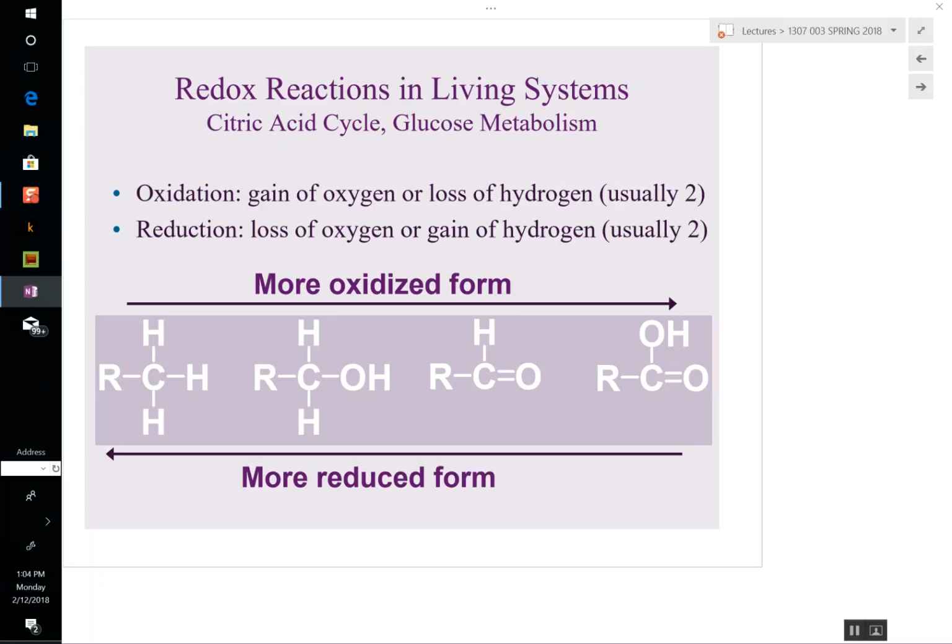Oxidation is the loss of electrons. Reduction is the gain of electrons. And we kind of followed the electrons. In organic chemistry, we're going to follow the oxygens and the hydrogens. And we're defining oxidation as the gaining of oxygen or the loss of hydrogen.